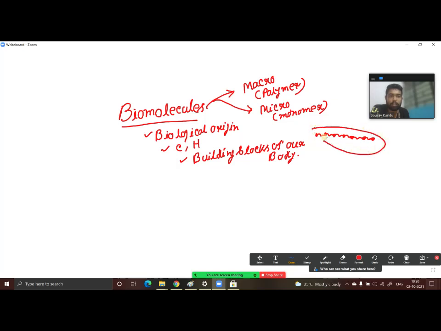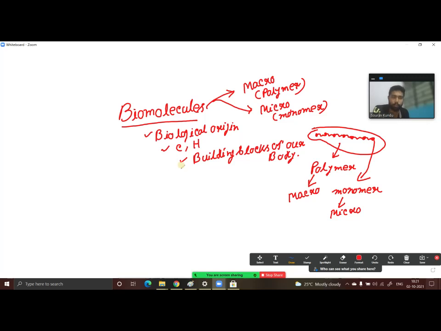This overall long chain is a polymer, and the individual unit is known as the monomeric unit or monomer. So polymers are macromolecules, and monomers, the constituting units which make up this macromolecule, are the micro parts.